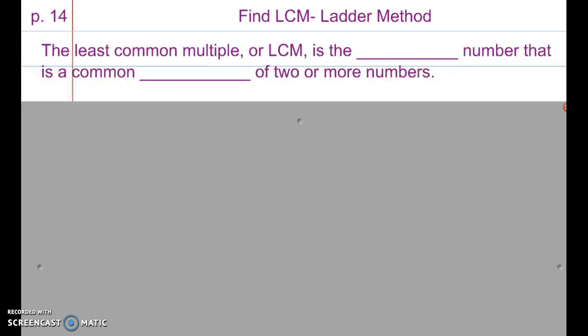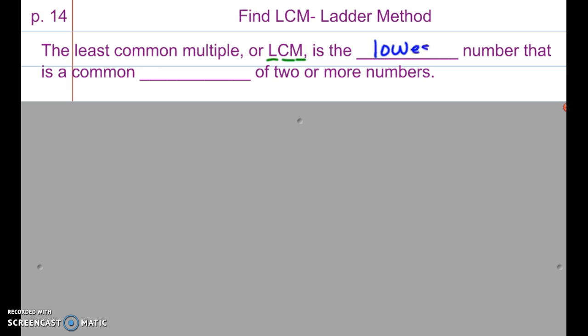The first thing we need to make sure of is that we have the definition of least common multiple. Pause your video and write this sentence down with the blanks. Okay, you should have copied this sentence, and we're going to fill in the blanks with the definition of least common multiple. The least common multiple, or LCM: the least means lowest.